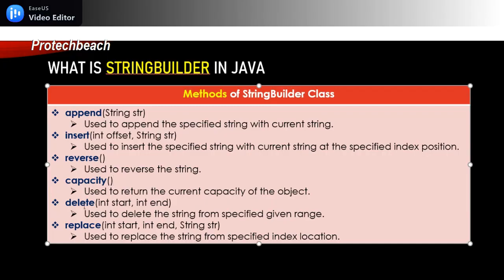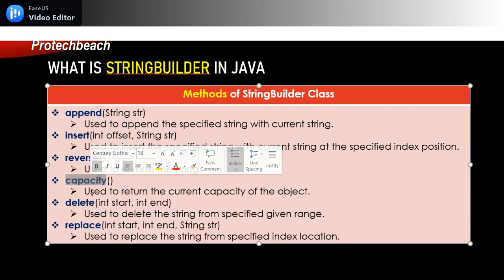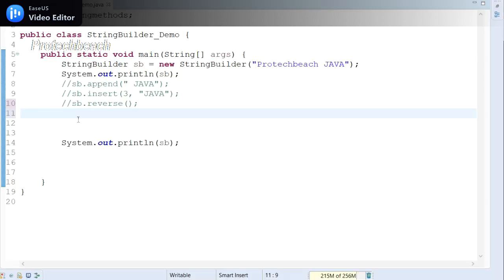How does the delete method work? Capacity we already saw; it just prints out the capacity of the StringBuilder. Delete takes two parameters, the start and end index, meaning from where to where we need to delete the characters. Suppose I add 3 and here I add 7.